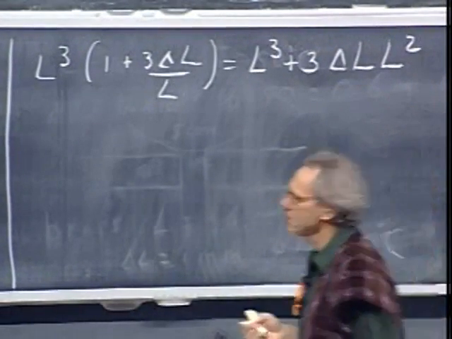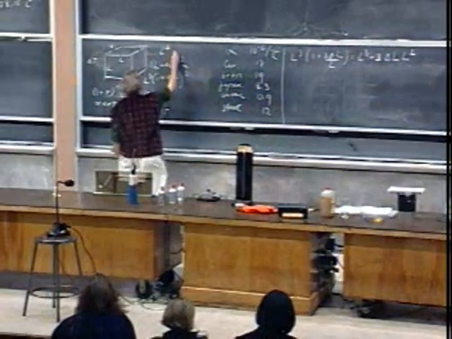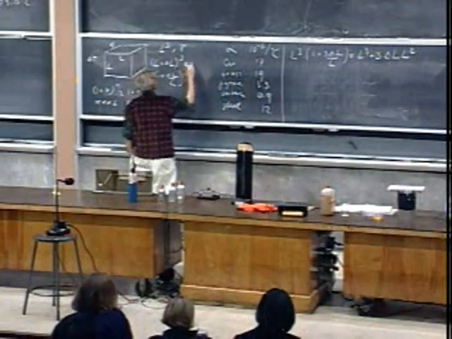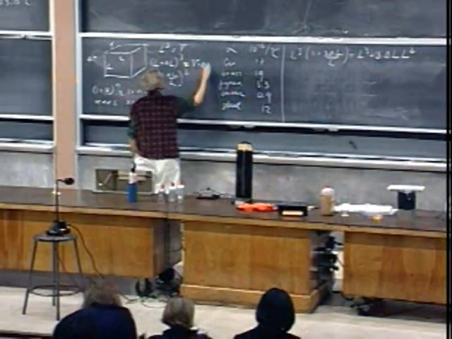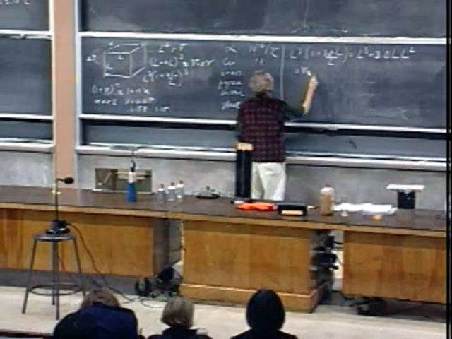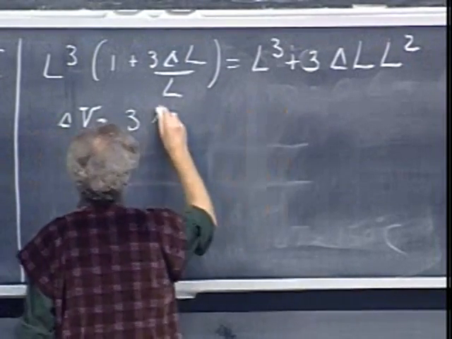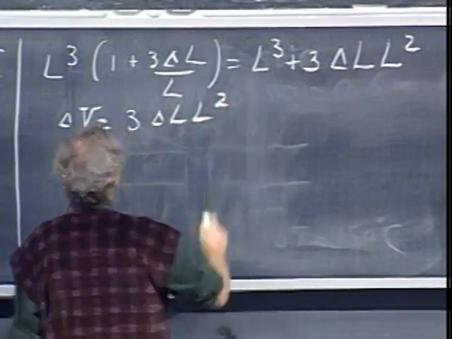So the difference in terms of delta V, the old volume was this, and this volume is V plus delta V. So delta V is the difference between the two, is 3 delta L, L squared.